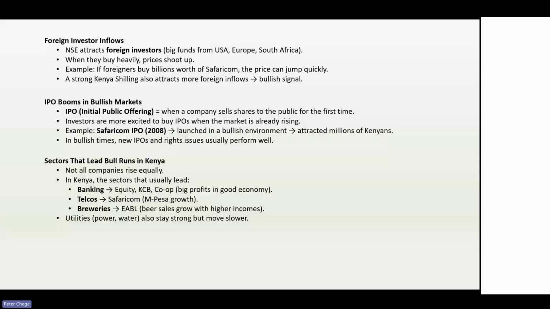Price shoots up. Remember, they don't come for a specific company. They usually do their own analysis and they come with a basket of what they want to buy. So you find they are picking most of the companies that are within the NSE 20 share index. That's what they are buying. You find it shooting up. Meaning what? Now prices for most of the companies quickly jump.